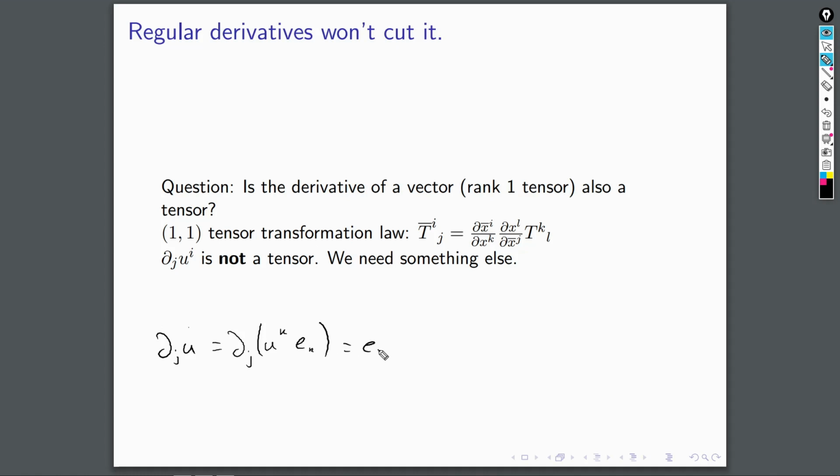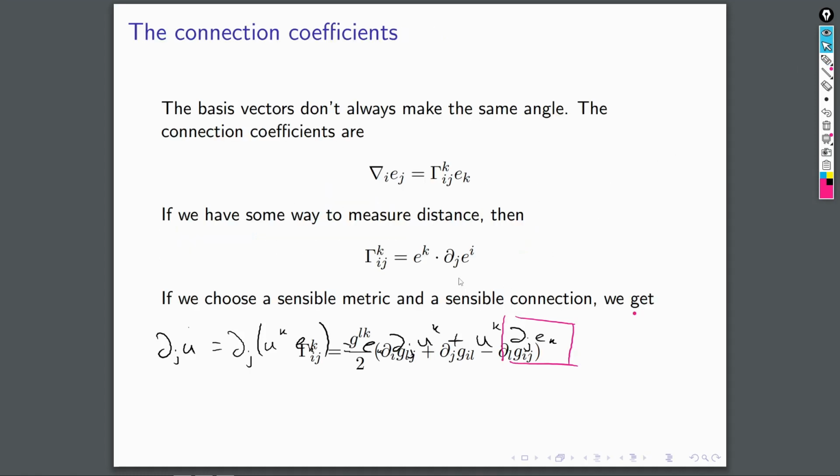So this is going to be ek dj uk plus uk dj ek, and you'll notice that this derivative of this basis vector is related to these connection coefficients that we had before.